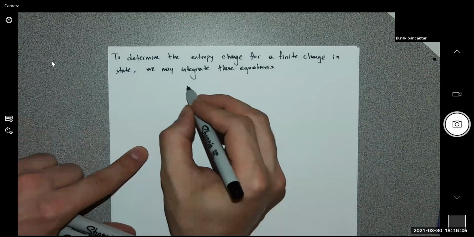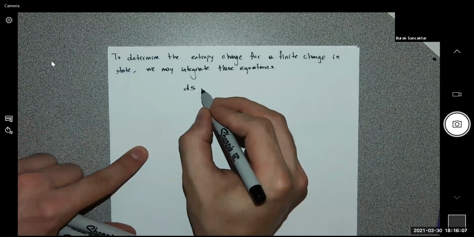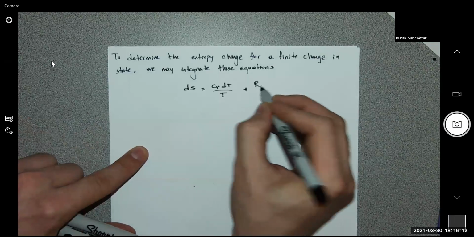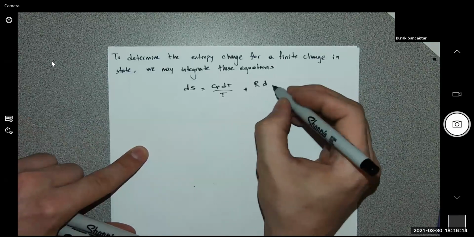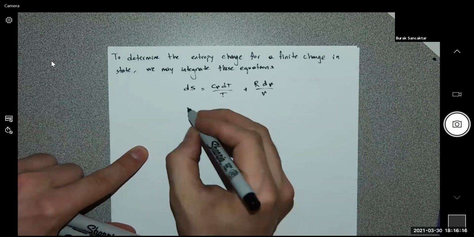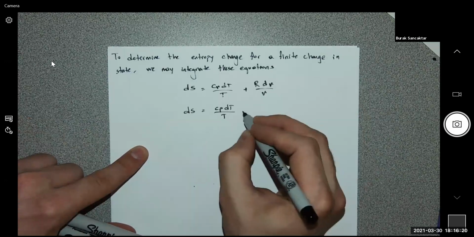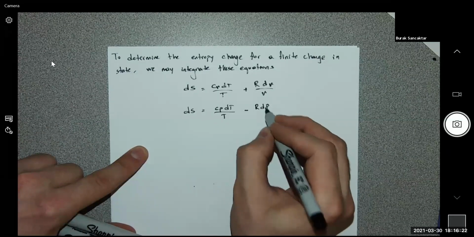What were they? We just determined ds equals Cv dT over T plus R dV over V, and ds equals Cp dT over T minus R dP over P.